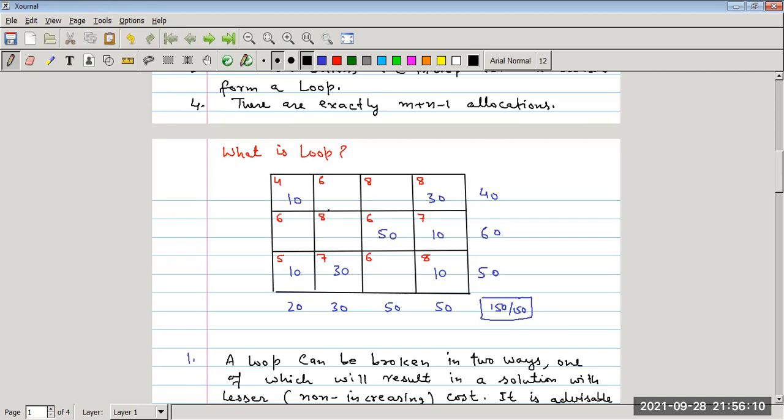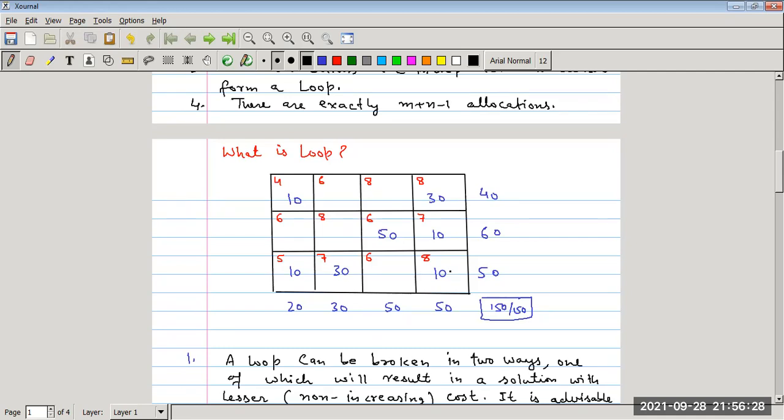Suppose we have the same problem, and we allocate items like this: 10 items in this place, 30 in this place, 50 in this place, 10 in this place, and 10, 30 and 10 in these places.